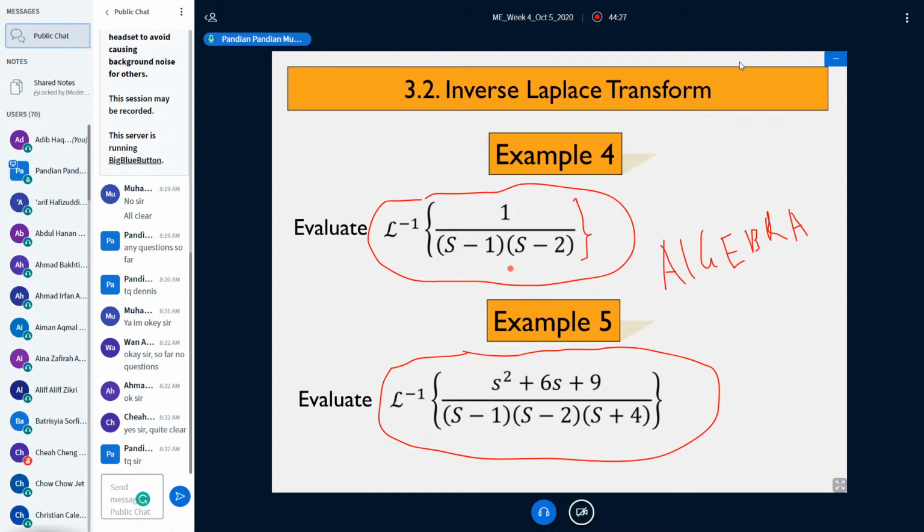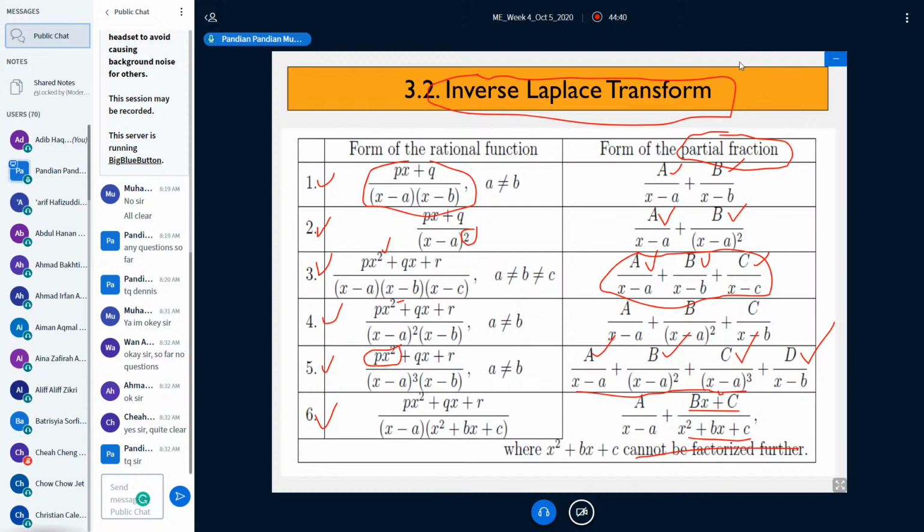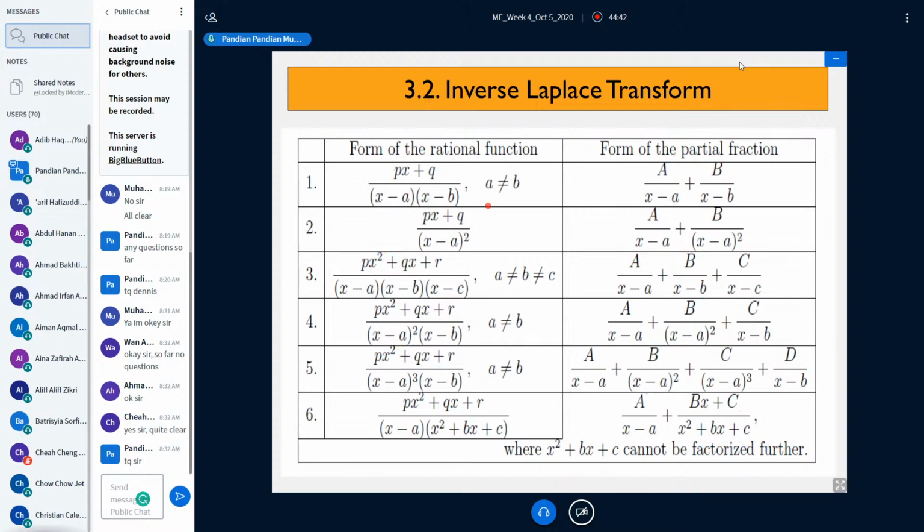So if you look at the example, write down inverse Laplace of 1 over (s minus 1)(s minus 2). This one is suitable for formula number 1, class. So out of 6 formulas or 6 types, we select number 1.